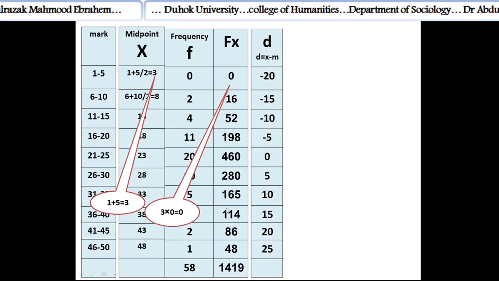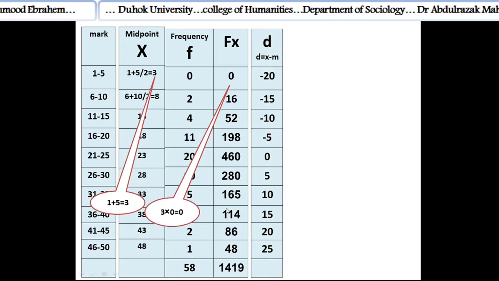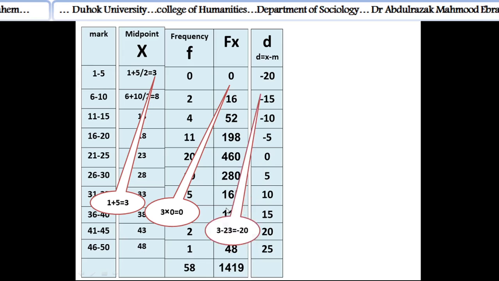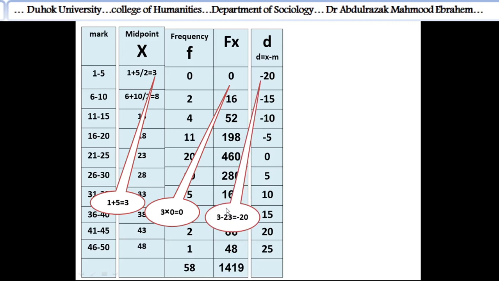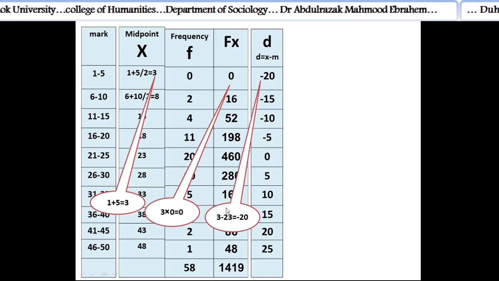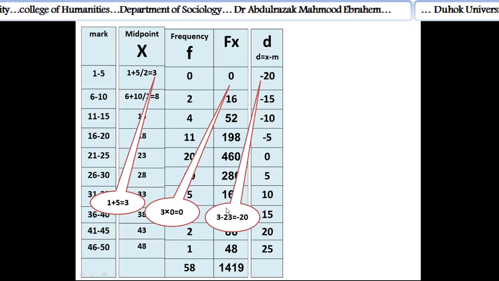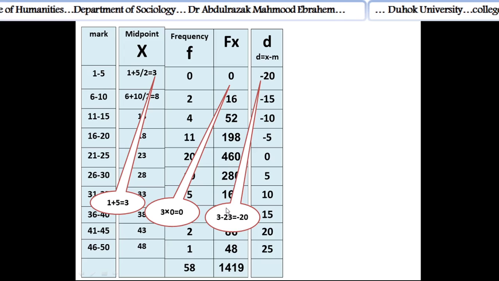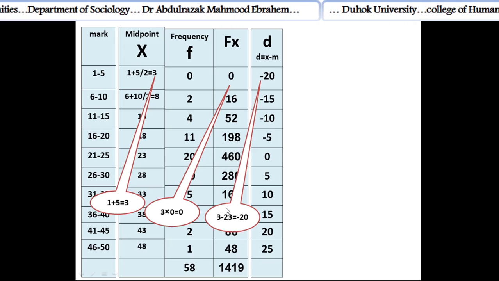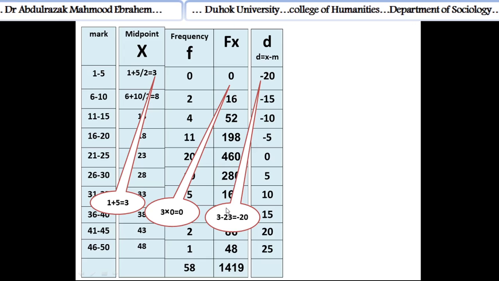And we must make D. What's D? From where can we calculate D? D equals x, the midpoint, minus M, the assumed mean.